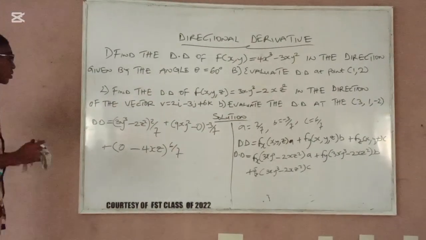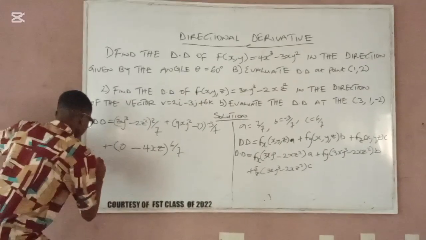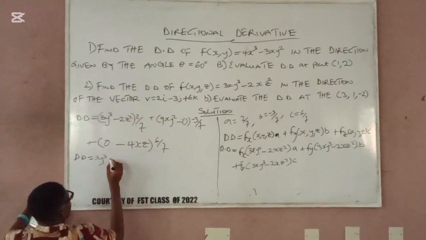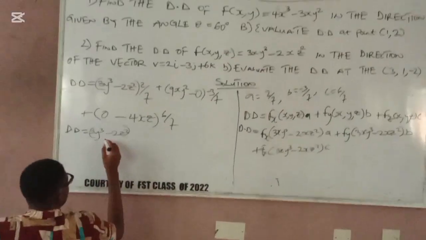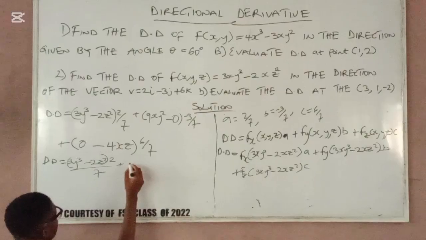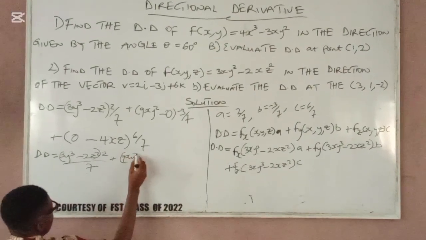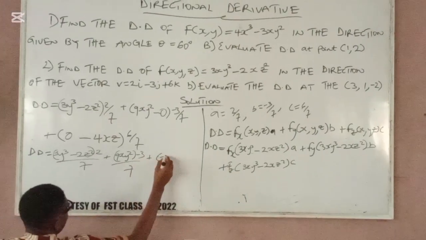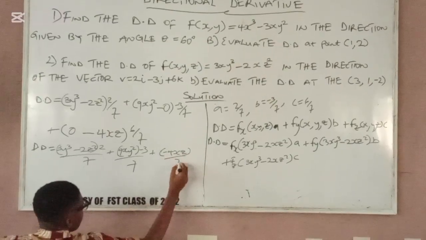So now we can simplify it more. DD now equals (3y cubed minus 2z squared) times 2 over 7, plus (9xy squared) times minus 3 over 7, plus (minus 4xz) times 6 over 7.